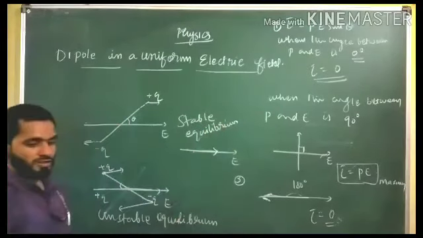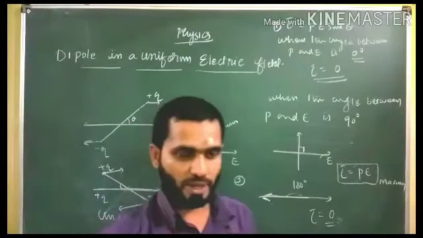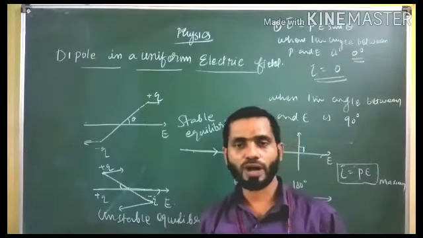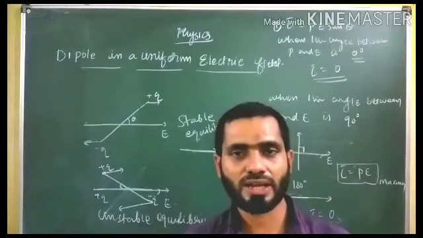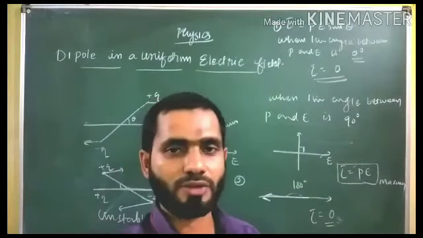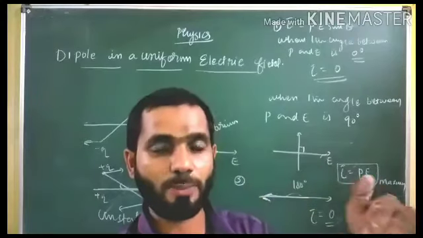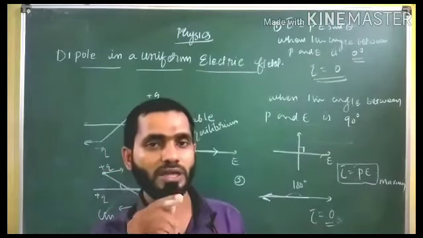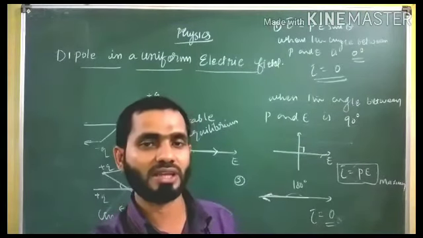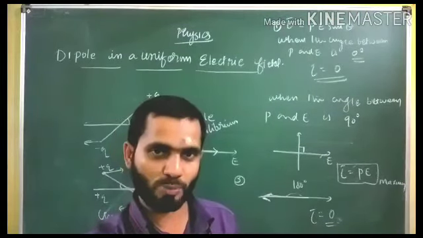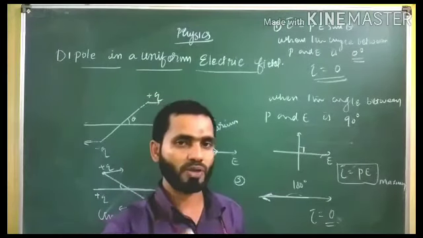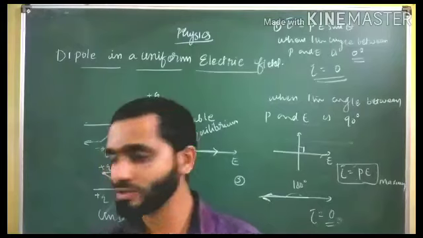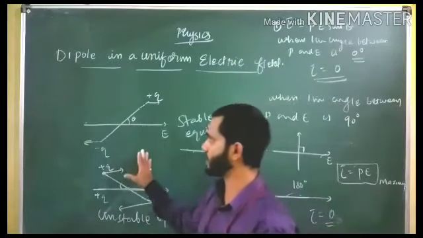Both cases, torque becomes zero, so those are the equilibrium positions. But when the dipole is along the electric field, that is a stable equilibrium. If the dipole is making 180 degree with the electric field, that is also an equilibrium, but we call it an unstable equilibrium. Why are we calling so? For that I have given this explanation, students.